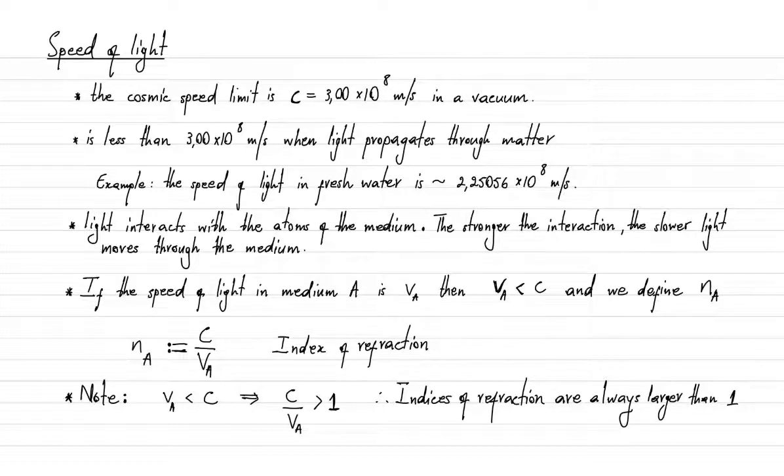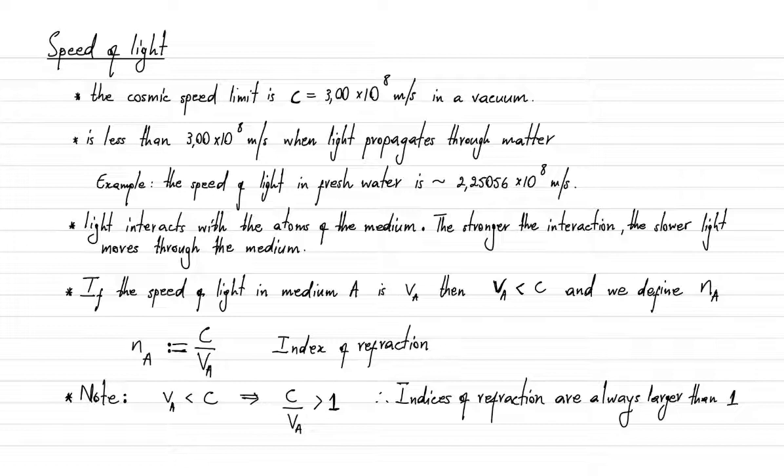The stronger the interaction of these atoms with light, the slower light will move through that medium. The weaker that interaction is between light and the atoms that make up the medium, the faster light will travel through that medium.